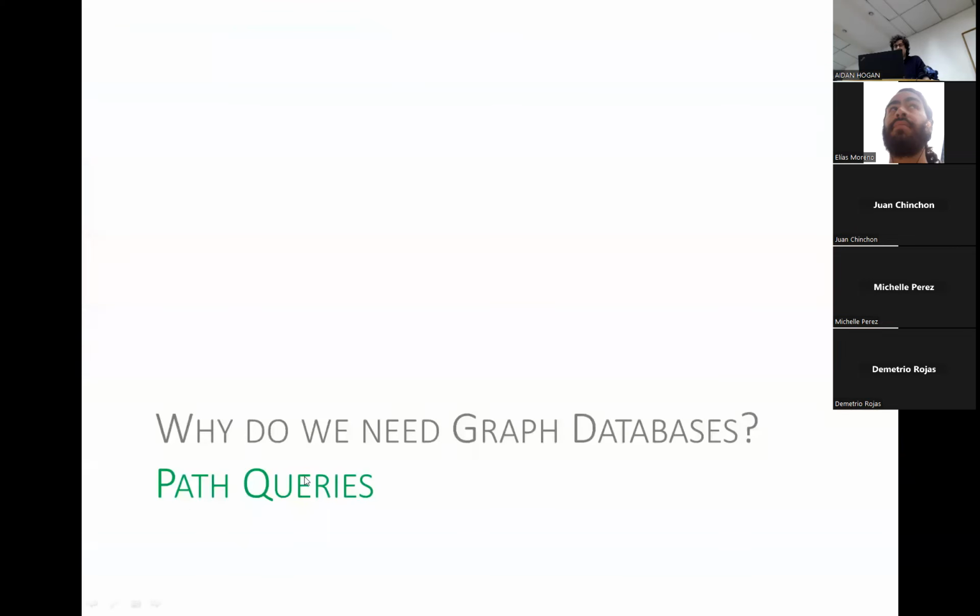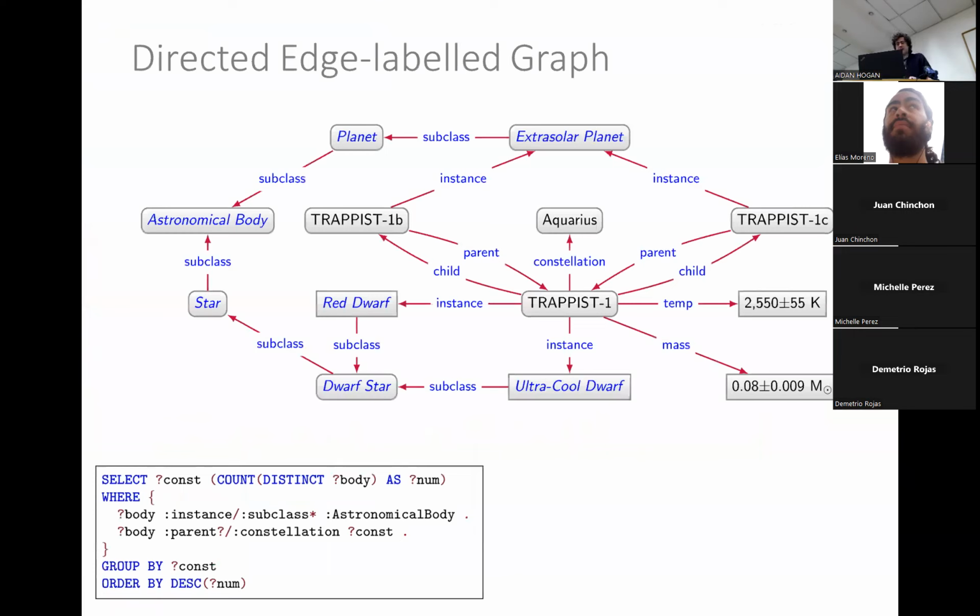Okay. So another reason why we need graph databases is for path queries. So for path queries, what I mean by this is the ability to query arbitrary length paths in a graph. So this is something that's not easy to do in relational databases. So for example, here, if we wanted to find astronomical bodies, that's fine, we can do that. But the problem is we see that there's no direct instance of astronomical body here.